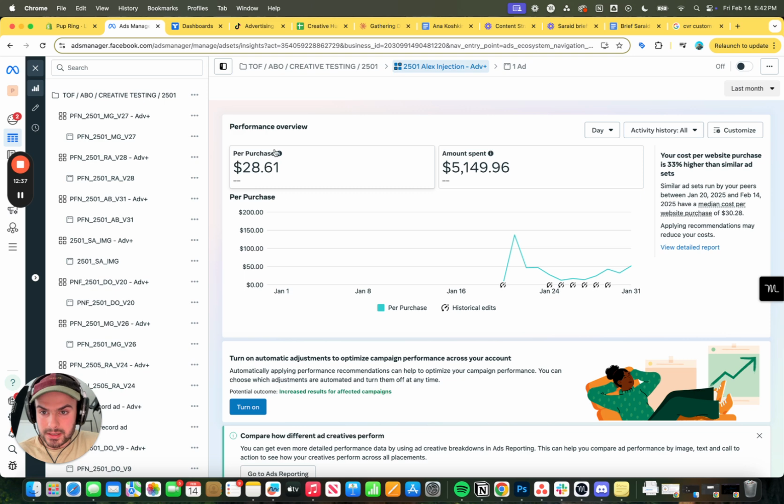This was scaled because our cost per purchase was going down as our ad spend was going up. As I saw that this was getting a really good cost per purchase, again, this is going to be the metric you're going to look at for, is it making money or is it not making money? I was able to increase the ad spend. And as I was able to increase the ad spend, I was able to get more and more of a return from this creative here.